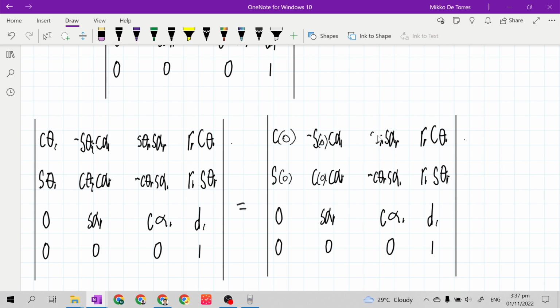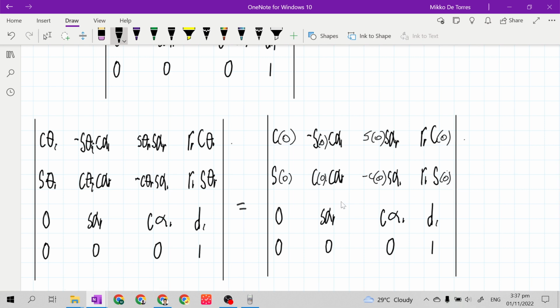Sin theta 1 becomes sin 0, negative sine 0, cosine 0, and sine 0.